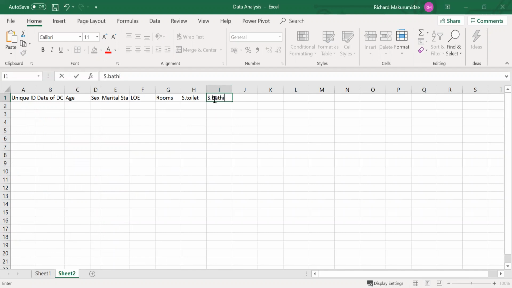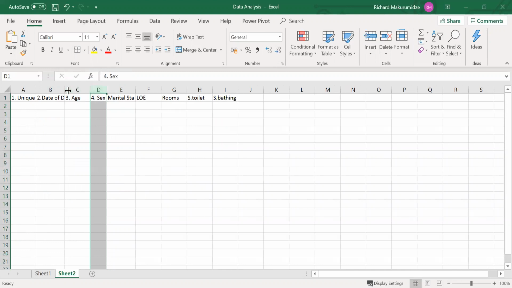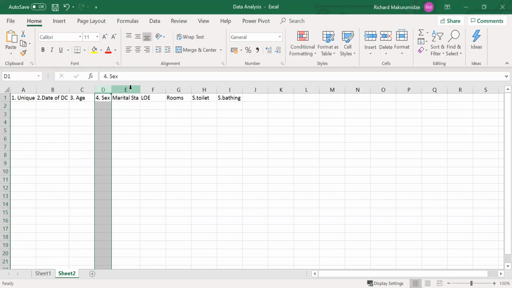I write sharing bathing. So these are my questions, which I have written, and usually they should have numbers. Like this one is the first question. This one, date of birth, maybe it's the second question. Then age is the third question. Then sex, that's the fourth. Then marital status.